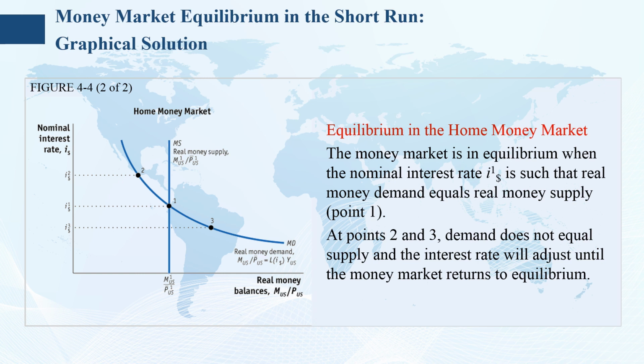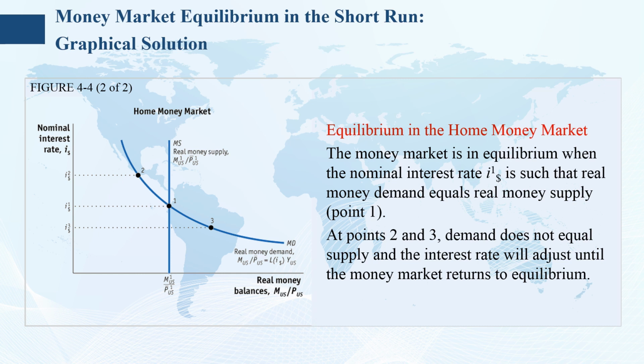The adjustment process works as follows. Suppose instead that the interest rate was I2 at point 2. At this interest rate, real money demand is less than real money supply. The public wants to reduce its cash in exchange for interest-bearing assets such as bonds, savings accounts, and so on.